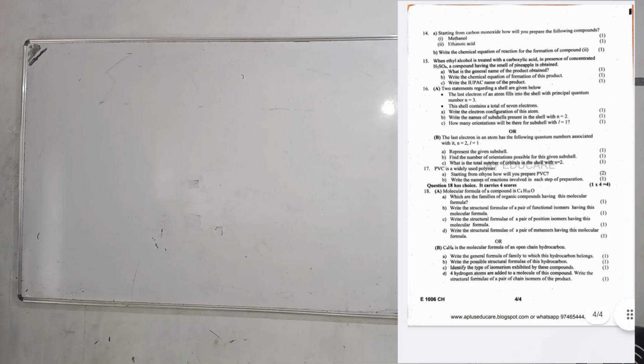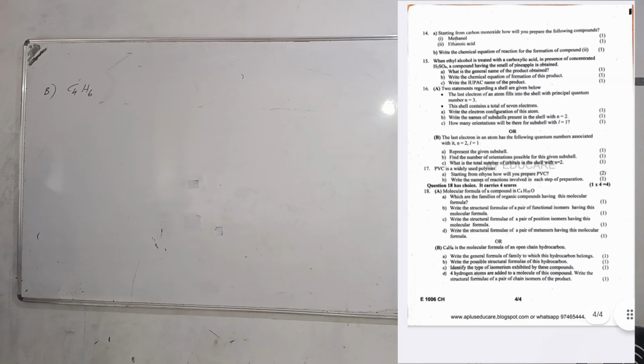Question 18 B. C4H6 is the molecular formula of an open chain hydrocarbon. Write the general formula of the family to which this hydrocarbon belongs. C4H10, C4H8, C4H6.